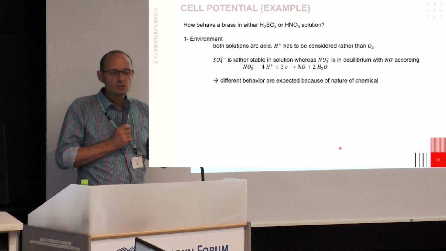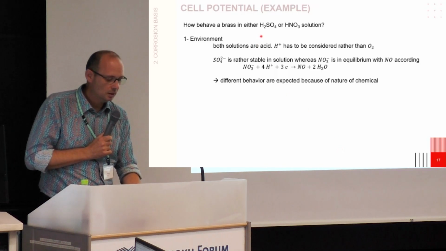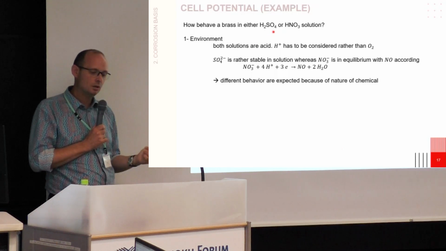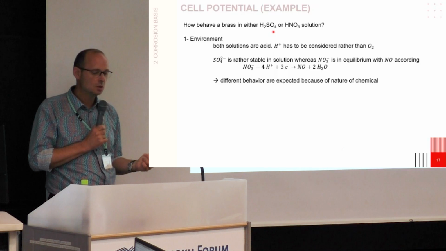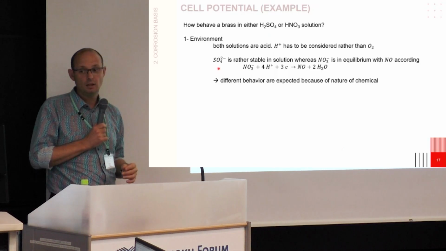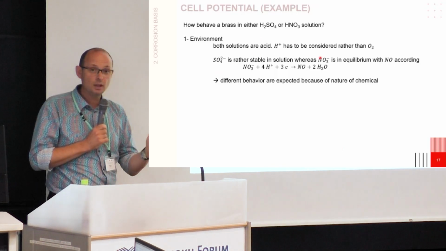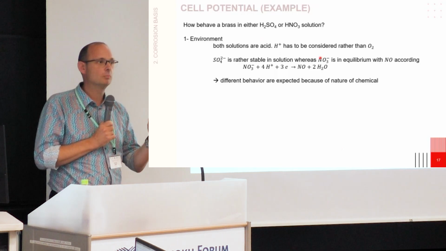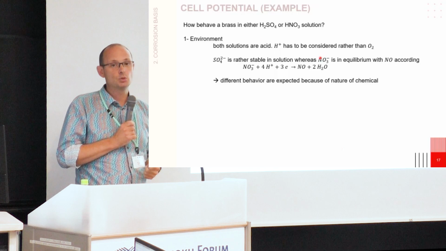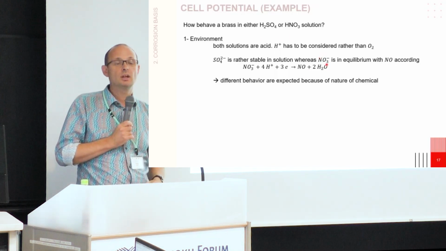Okay, so I have first treated the case of H+ in my two chemicals. Now I have to look at the other ions, which are anions. In the first one, I have sulfate, and in the other one, I have nitrate. If I look at thermodynamic and potential data, I will see that sulfate is quite stable in solution in water, which is not the case of nitrate.